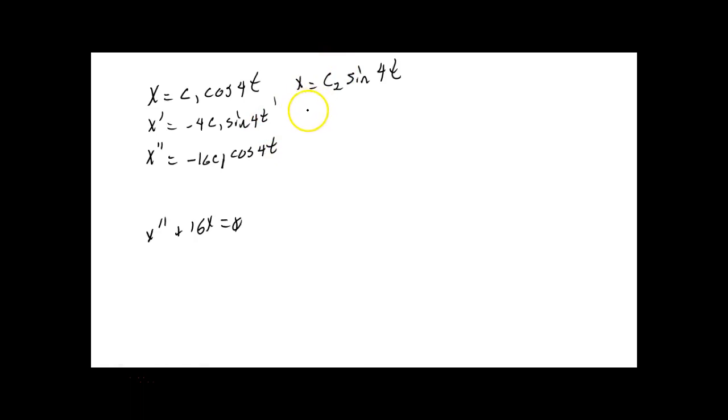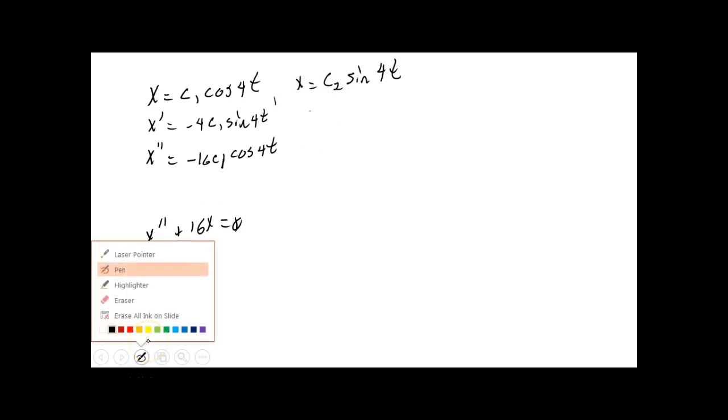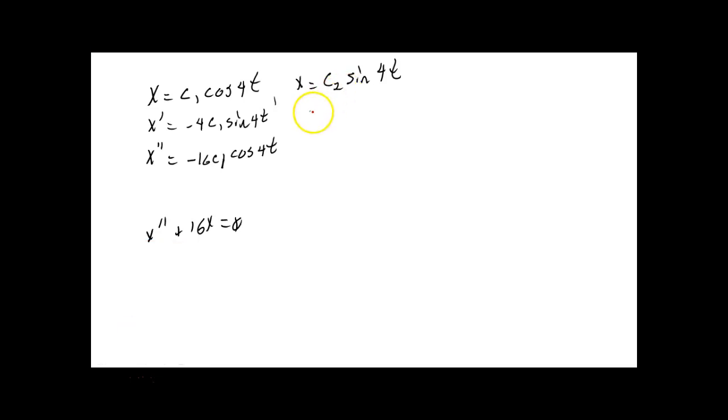Let's do the second x over here. I should probably do different color x's. What color do you want the second x to be? Red, you said? Okay. So x prime of this one will be 4 C2 cosine 4t.